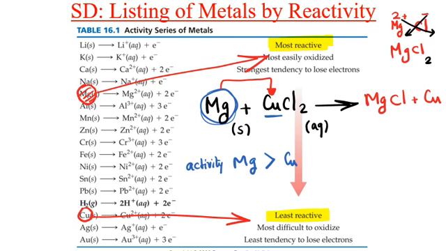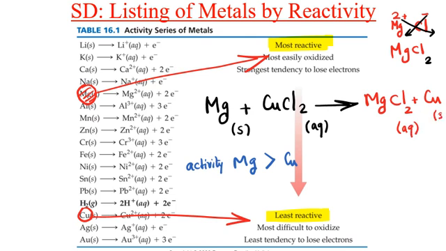So the formula is MgCl2 plus copper. So I wrote the products for this reaction. Right now, I may determine the solubility of the compound MgCl2. We don't have a rule for magnesium, but based on the solubility rules for halides, we have an aqueous solution.